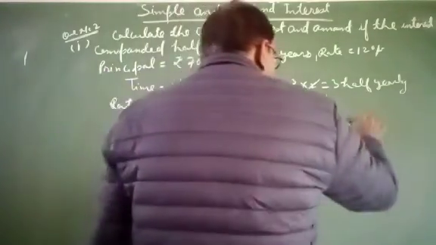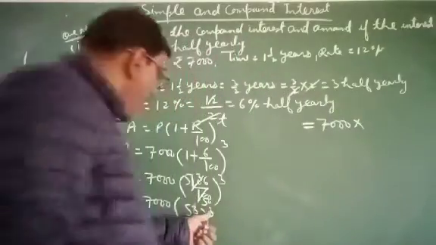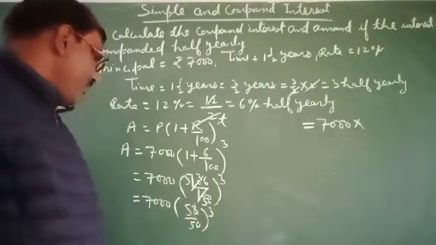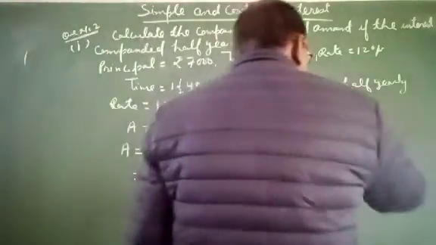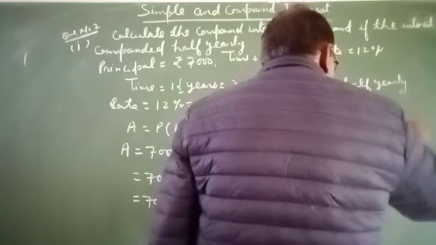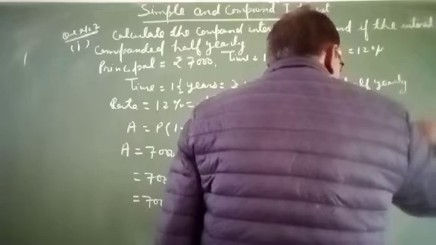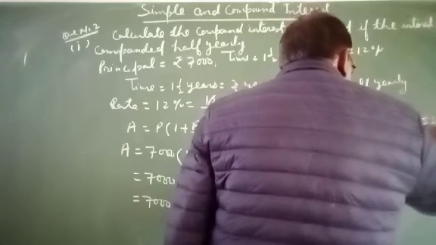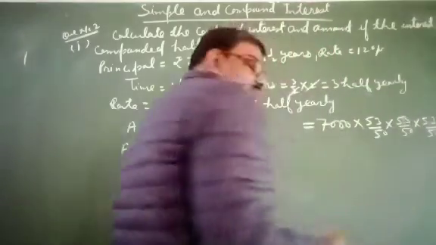And it will be equal to 7,000 multiplied, here power is 3, therefore 53 by 50 multiply 53 by 50 multiply 53 by 50.